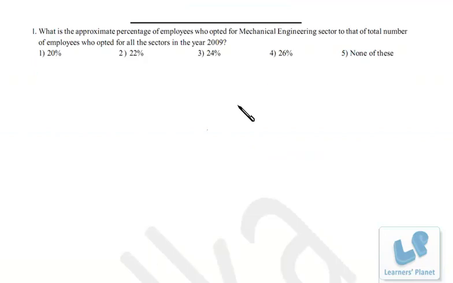So our calculation is 17 by 77 into 100. Now 17 fours are 68 and it is 9 more than 68, that means around 4.5 times. 4.5 means 9 by 2. So that's 200 by 9. Now 100 by 9 is what? 11 point something percent. So 200 by 9 is 22 point something. So that's around 22%. Okay.